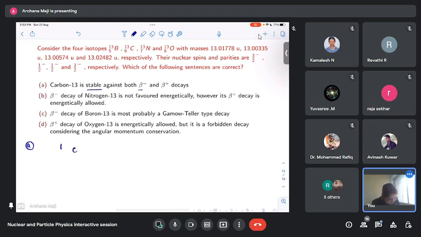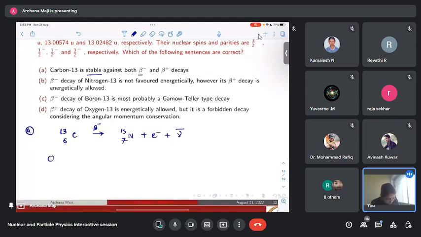So let us check. Carbon 13 under beta minus: a neutron gets converted to a proton, so the proton number increases by 1, so it becomes nitrogen 13 plus electron plus antineutrino. The Q value of this reaction, Q beta minus of carbon 13, is mass of carbon minus mass of nitrogen.